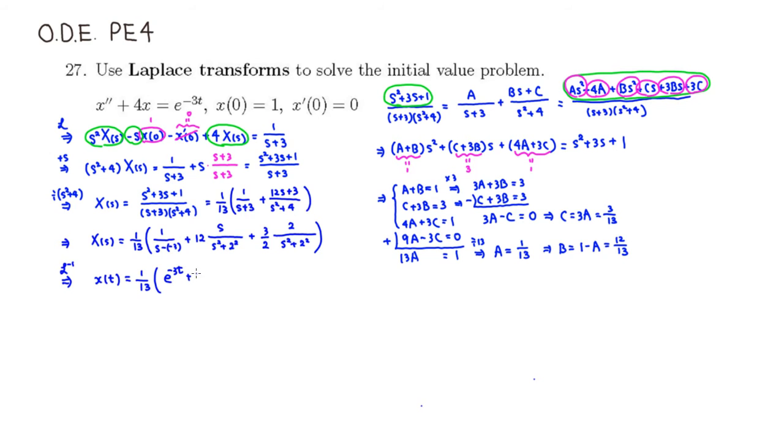And this is going to be 12 times cosine of 2t, plus 3 over 2 times sine of 2t. So that is the solution we are looking for. That is the solution of the initial value problem.